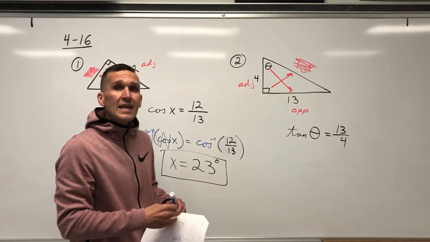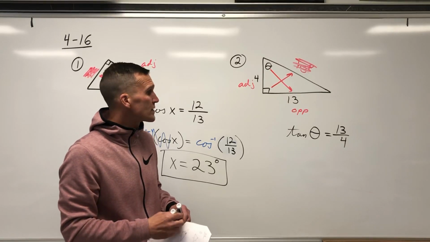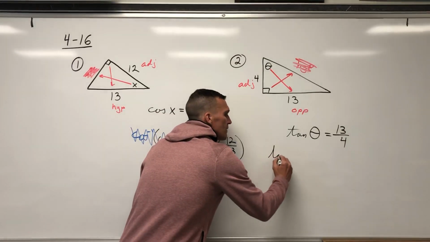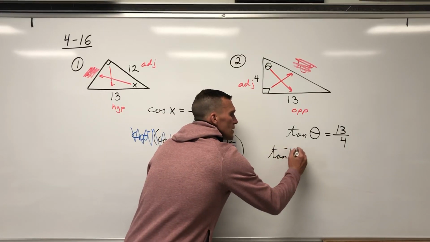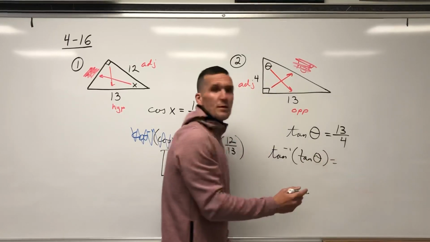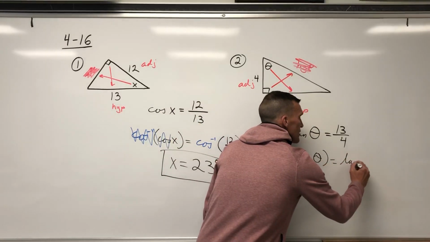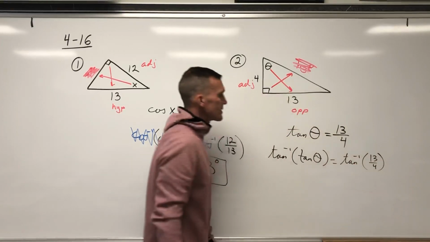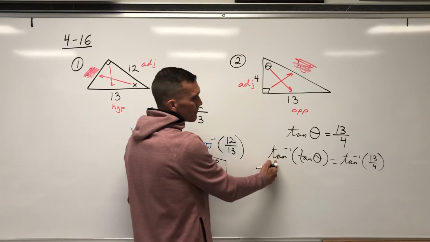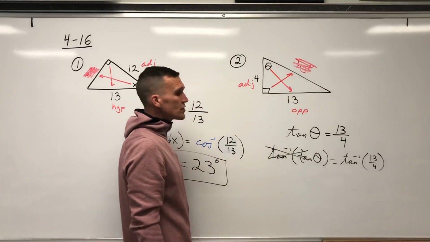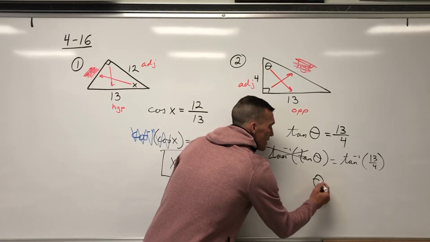You will do the inverse tangent of both sides. Now I'm just going to do it all in black. So I'm going to take the inverse tangent of the left side, and to be fair, I do the inverse tangent of the right side. Now on the left side, inverse tangent and tangent cancel each other out, so I just have theta.